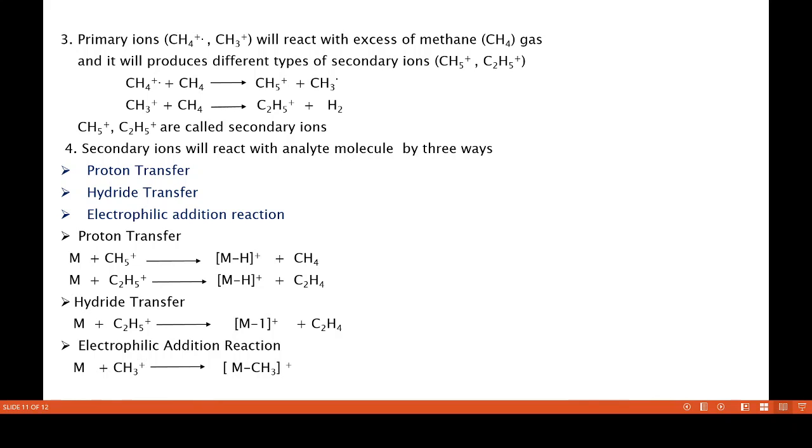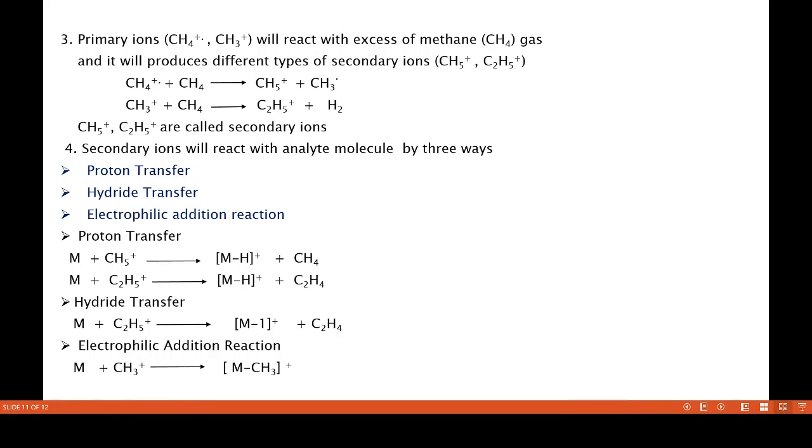Suppose the molecular weight of this analyte molecule is 25, and it reacts with this secondary ion. It produces a peak at 26. That means one proton is transferred from this secondary ion to this analyte compound, so we get the peak at 26.